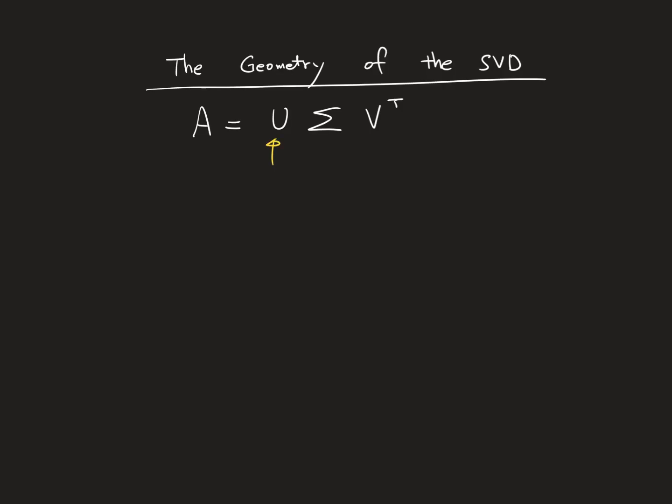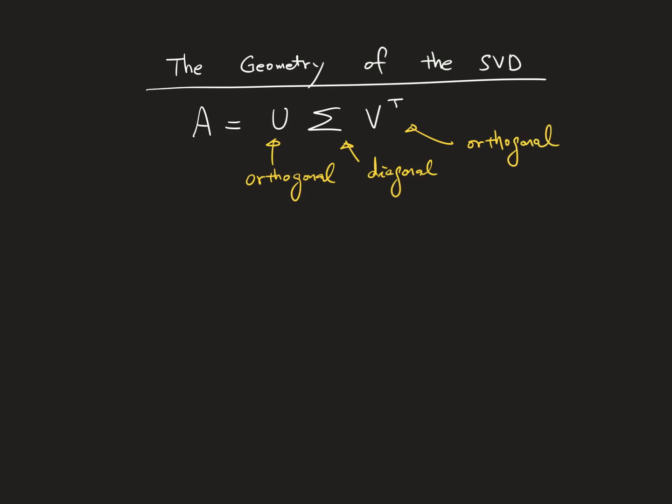We'll talk about the geometry of the SVD. We know U is an orthogonal matrix, sigma is a diagonal matrix, and V is also an orthogonal matrix.